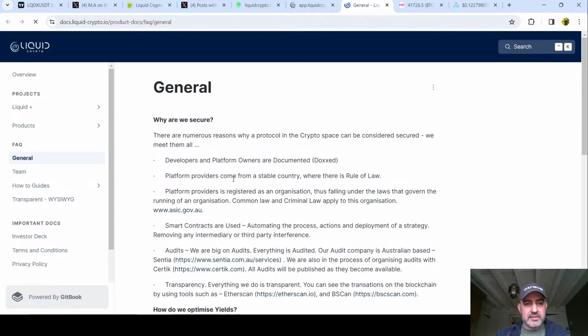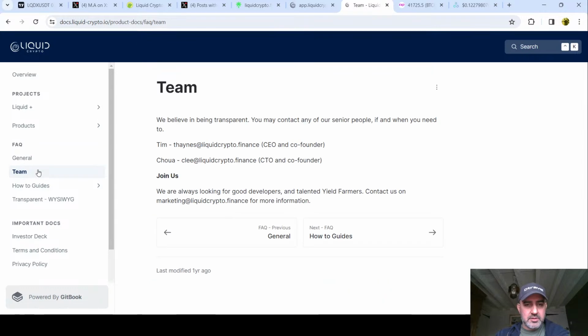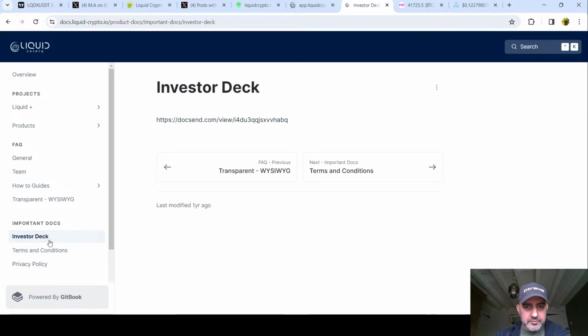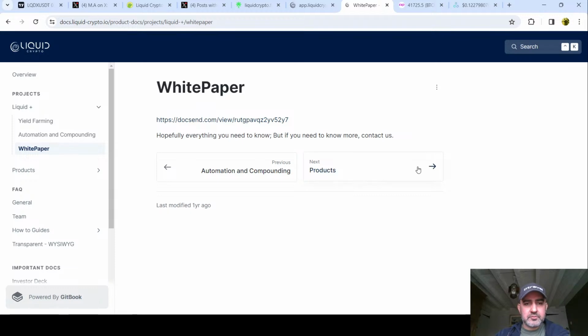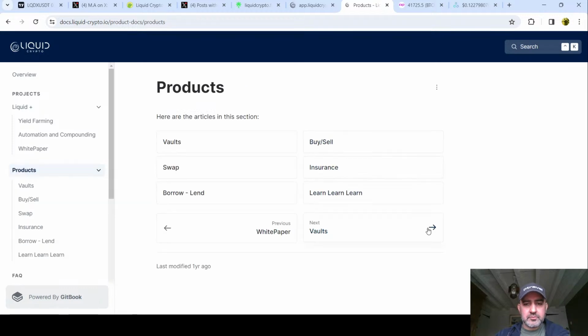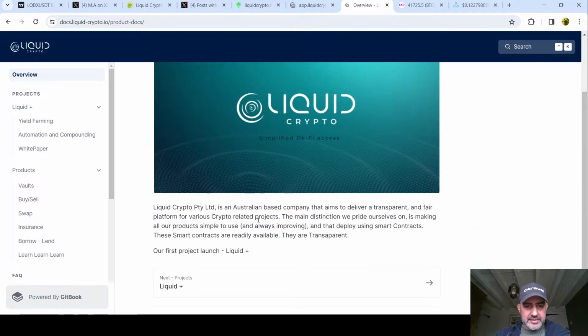I don't know what it is. It's good to have a look at the team. I don't mind it because it does look okay. You know, it looks nice. I don't really know what it is.